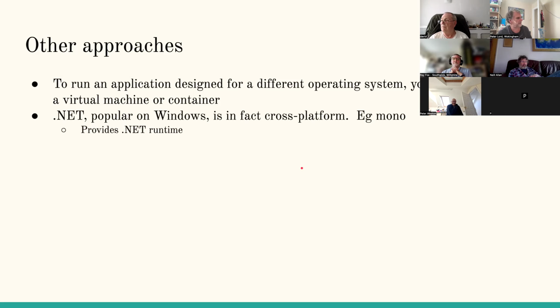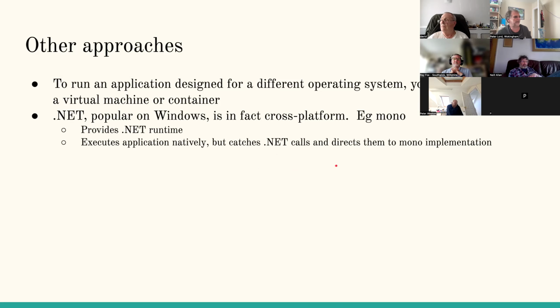So if you're on Linux, Mono provides a .NET runtime, and you can do something like this: run mono and then a Windows binary. Mono provides all the .NET core that the application requires. So there's no emulation going on here.